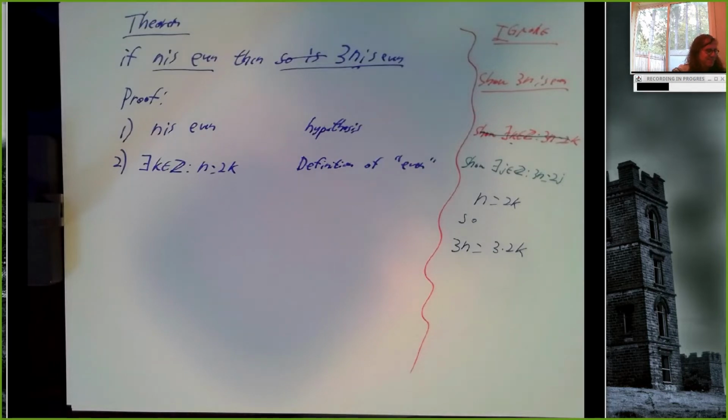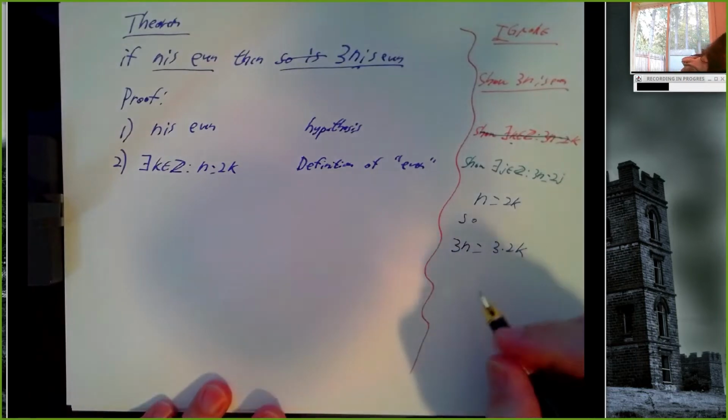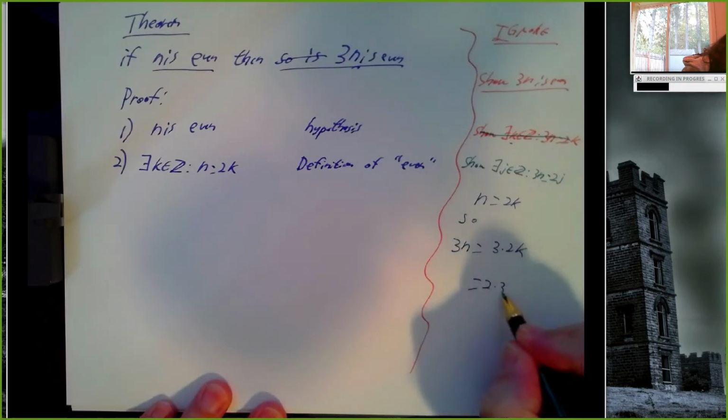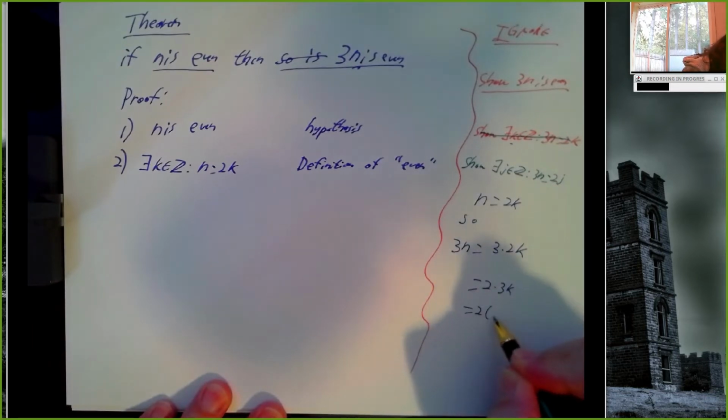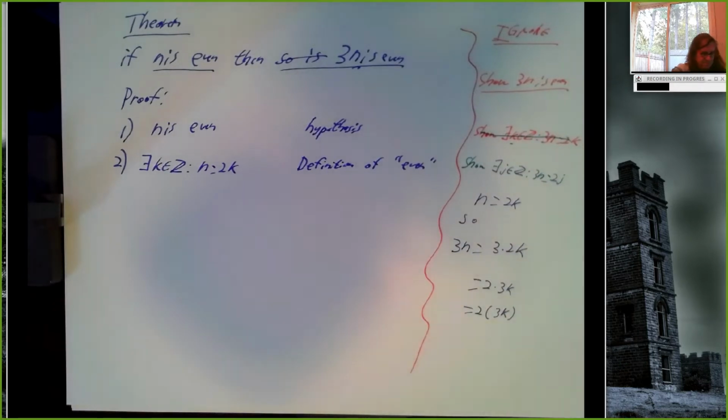Commutativity. So then, commutative property, it's 2 times 3k, set 3k equal to j. And the one thing that stopped me was, how do I go from saying this is basically the same as the definition in a formal way.